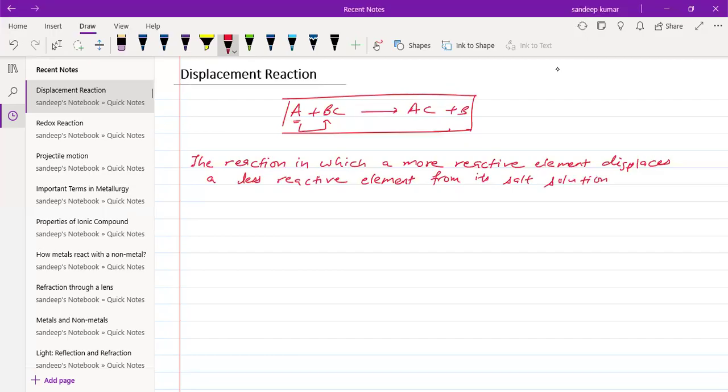Is it clear? It's called displacement reaction.